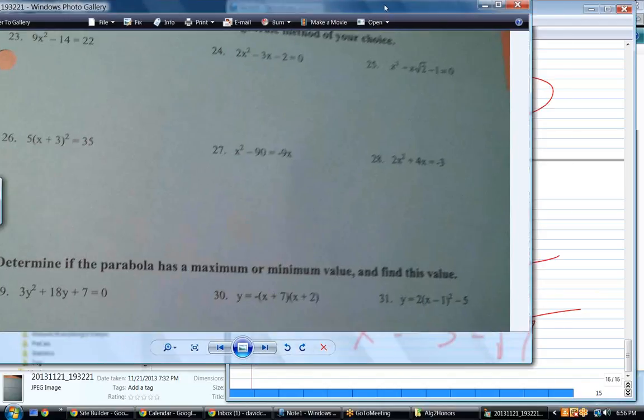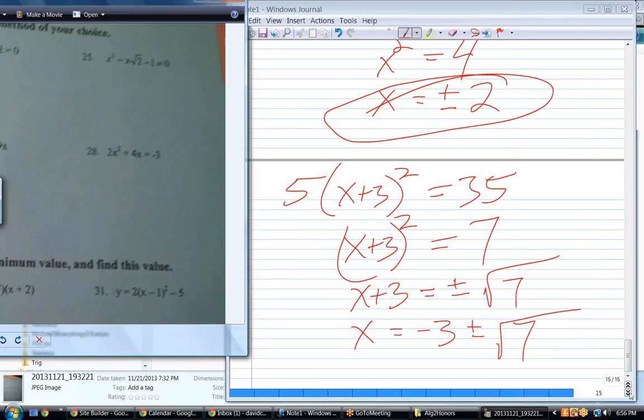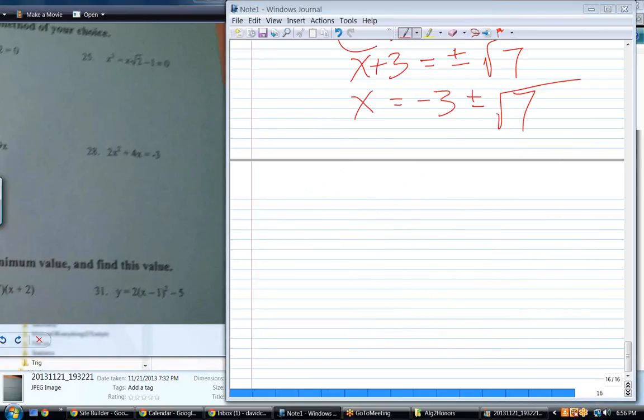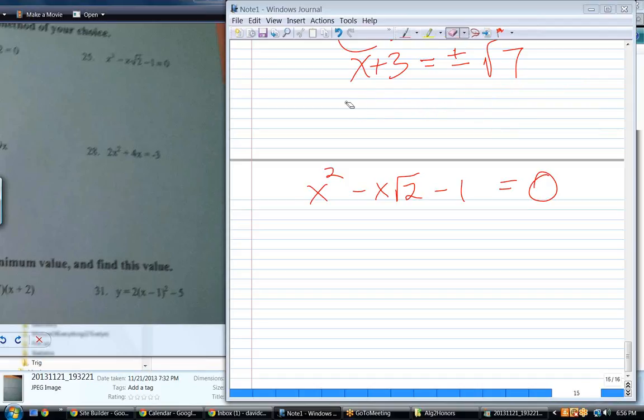25. Can you do 25? Is that an x cubed? No, it's this one right here. That's what it is. So I would let u equal root 2. Notice they did something here to try to confuse us. Don't be confused by what they did.